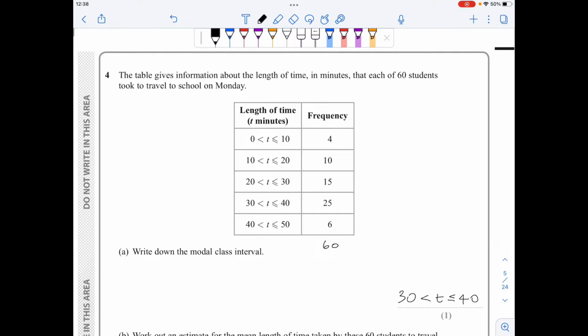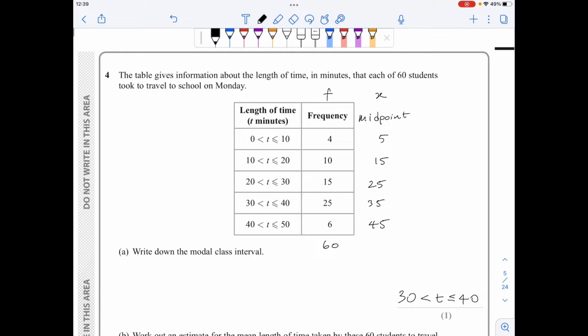Now, to find sigma fx, I'll need to multiply the frequency, that's my f, by x, and because I have intervals, I'll need to find the midpoint of each interval. Let's add another column, and that's my x value, so the midpoints are 5, 15, 25, 35, and 45.